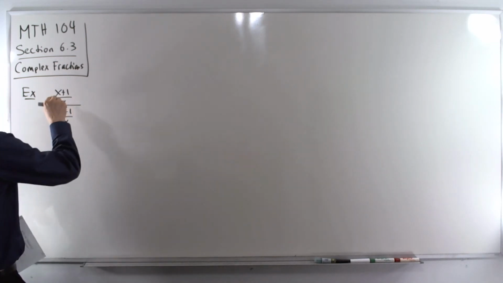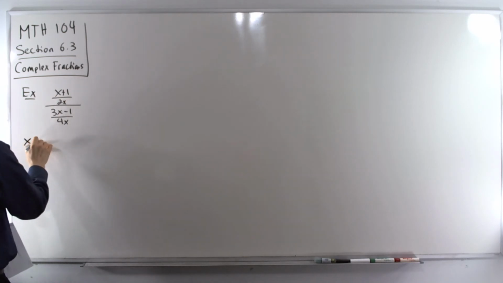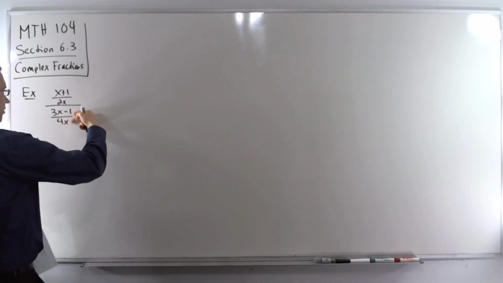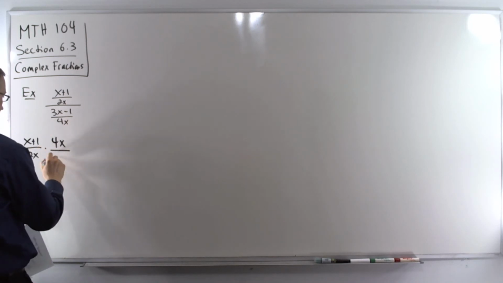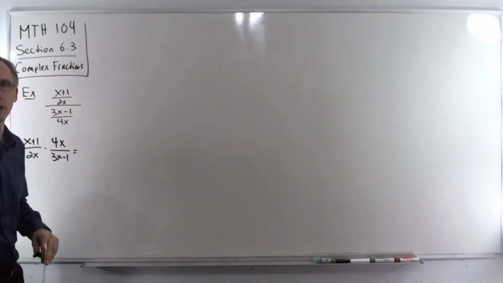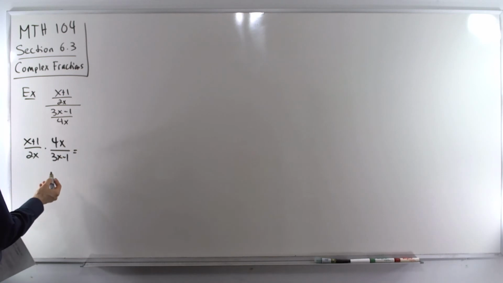All right, so when we do that, the first fraction stays exactly the same. So we get x plus 1 over 2x, and we're going to multiply by the reciprocal of the bottom fraction. Remember, the reciprocal we get by flipping it over. So that's 4x over 3x minus 1. All right, now all we have to do is cancel and then multiply.